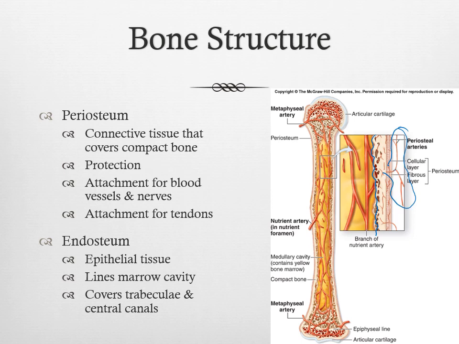It's going to allow for blood vessels to penetrate in through the outer covering of the bone itself. And it's also going to allow for muscles and tendons and ligaments to grab onto the bone, so that when we want to pull on them, they have something to grab onto, and that's the periosteum.